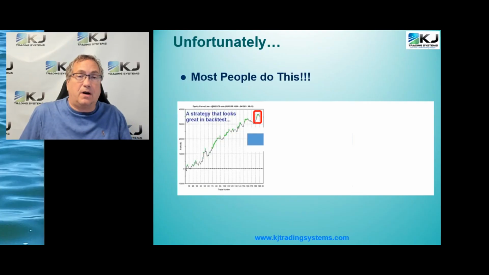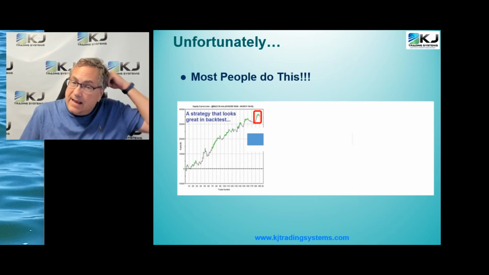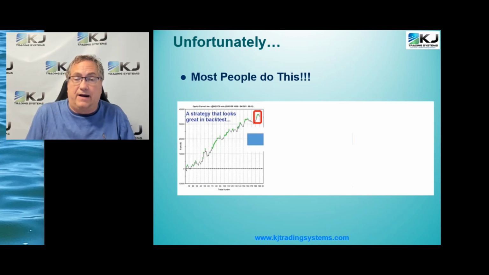Okay, so we're going to build a simple algo, but first I want to show you what most people do when they build algos so you can avoid it. Most people build a backtest that looks like the picture on the right here. It's a nice upward sloping equity curve, and then they finish around the area in the red.